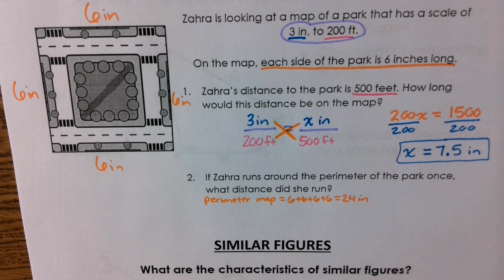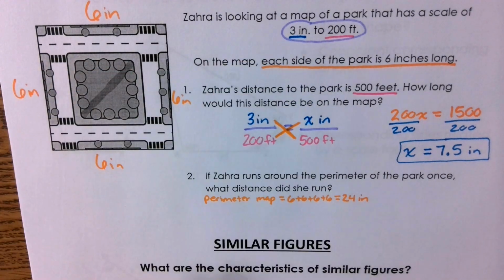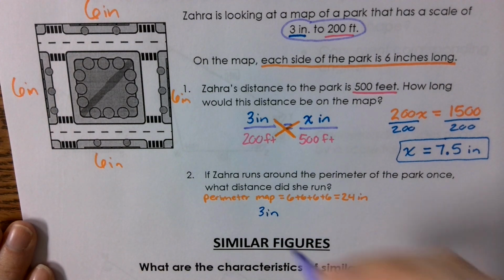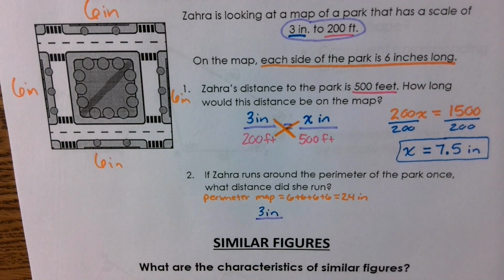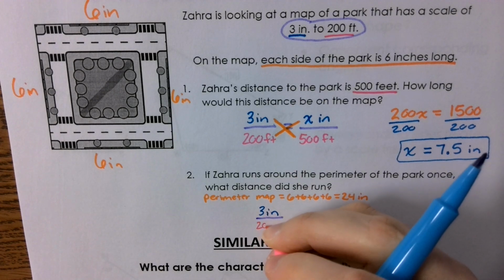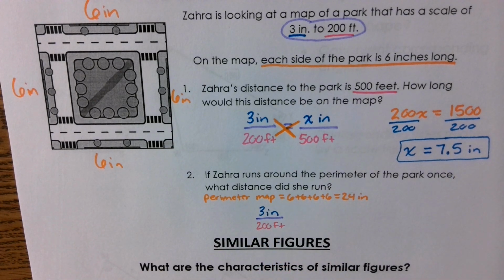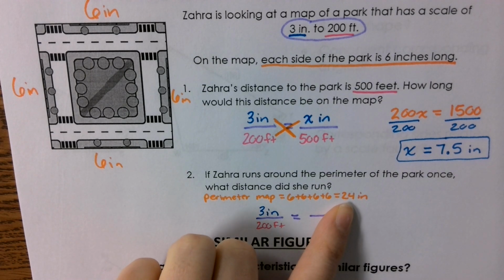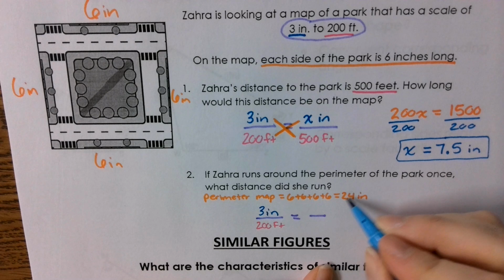So now we can go ahead and, again, take our scale that we've got. Our scale is represented as 3 inches is going to stand for 200 feet. So now we want to set it equal to 24 inches that we have for the map.